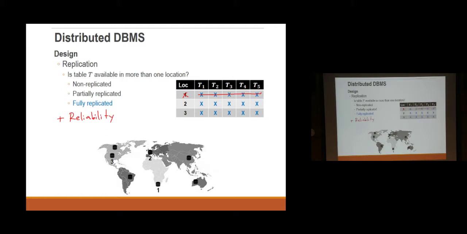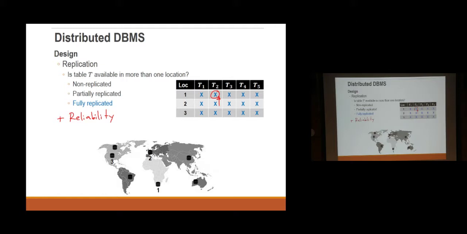Okay? The other thing is that if some data is corrupted, let's say this data is corrupted, you can recover that data by copying from the backup at the other locations. Okay, so there is a reliability here.